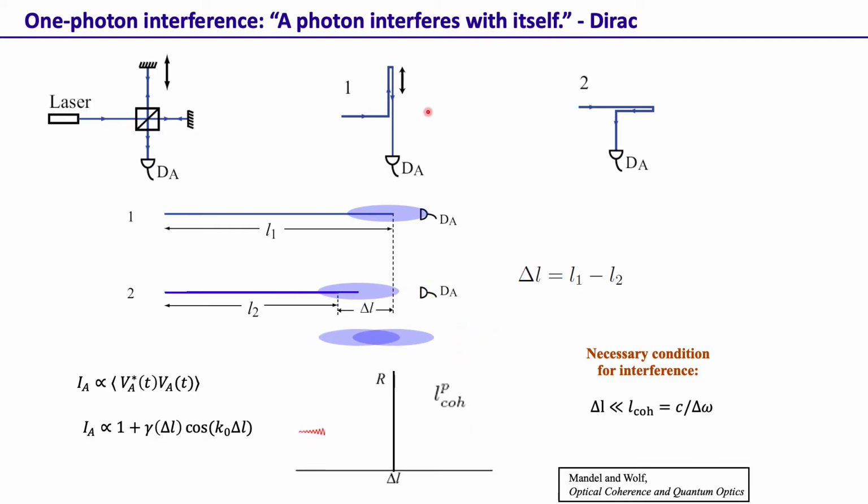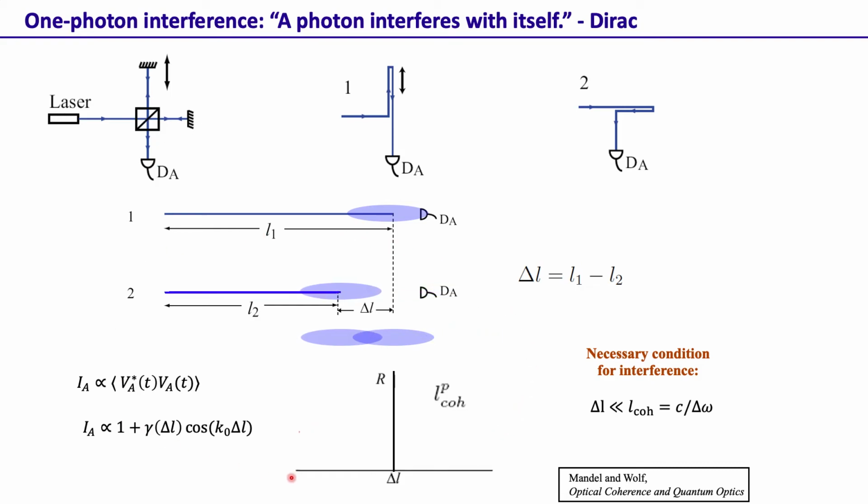As we increase, for example, this mirror, that increases delta L, and the overlap between the coherence packets in the two alternatives changes. When delta L is 0, the overlap is perfect and we see maximum visibility fringes. When the overlap is a minimum, we see interference with much lesser visibility, and the interference goes away within this length scale, which is the coherence length of the field.